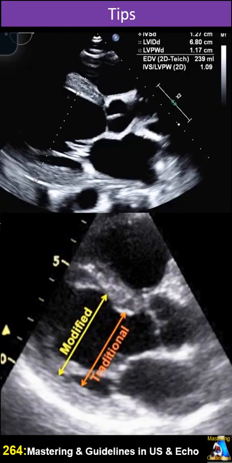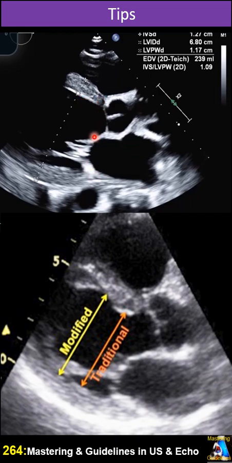Unfortunately, many techs still measure the wrong way in the PLAX or even M mode for the IVS, posterior wall, and LVID. The most important principle for measuring those parameters in PLAX or PSAX is that our measurement should be perpendicular to that structure.